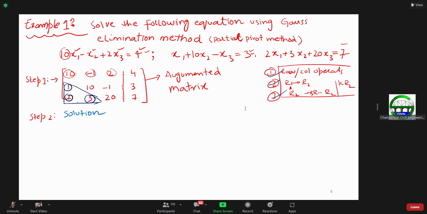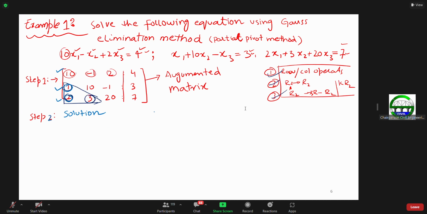So in the first step, there is a technique. You have to understand the technique: in the second step, you have to make this and this 0 using this element, using equation number, row number 1, right?